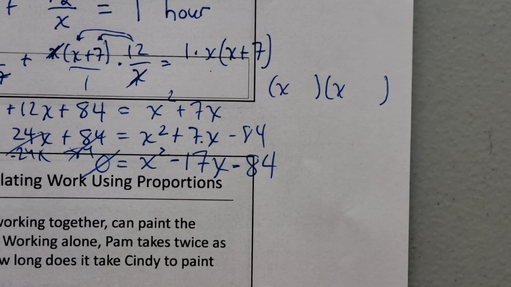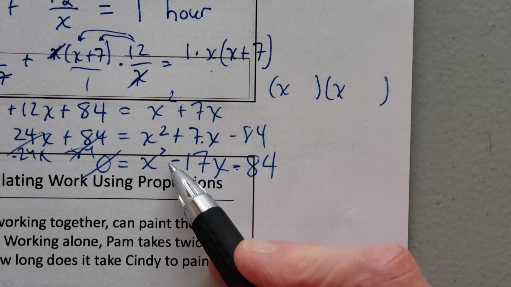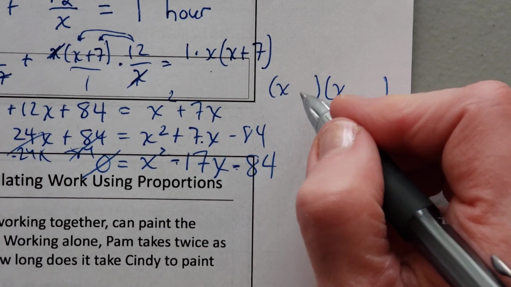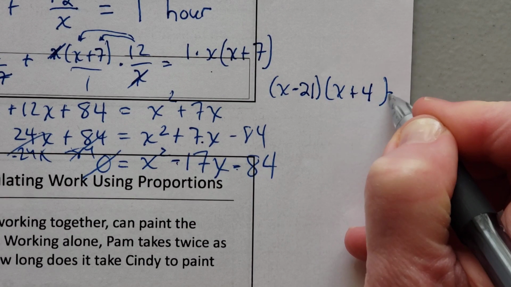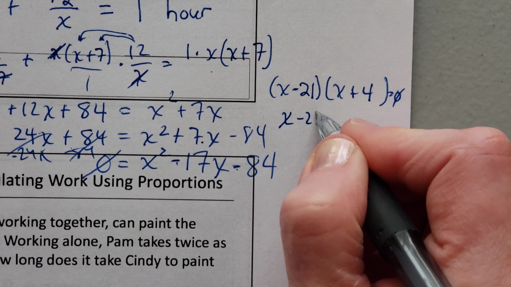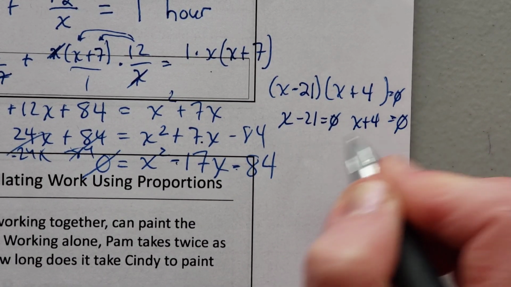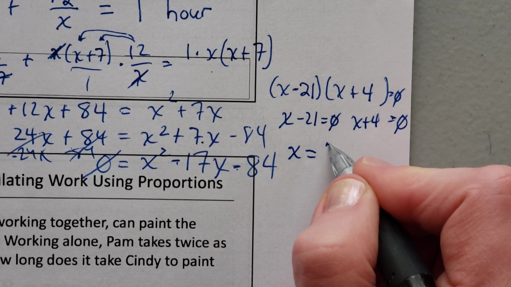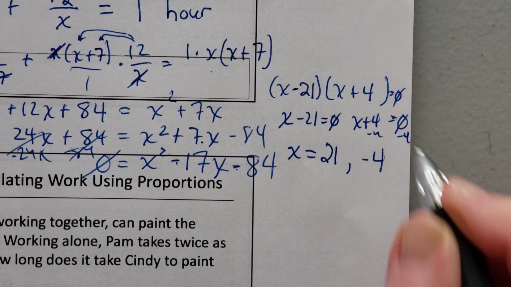So I've just figured out what my two numbers are, 21 and 4. This tells me the signs are different, and the bigger number is negative. So my two numbers are negative 21 and positive 4. Now this is a quadratic, which means I set both of those equal to 0. So my two answers would be, if I add 21, positive 21. If I subtract 4, I get negative 4.